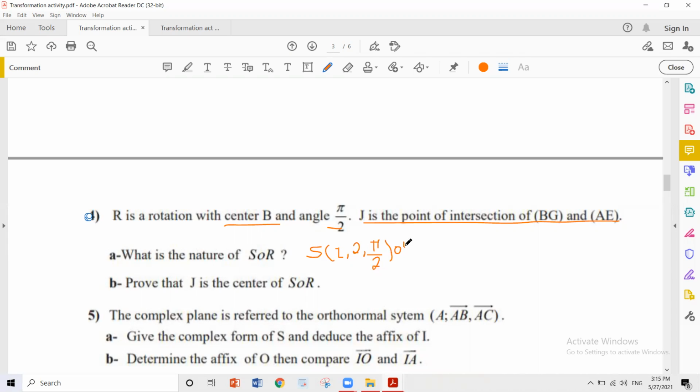The rotation has center J, ratio 1, angle pi over 2. What is the composite of the two? We get a similitude of ratio 2 and angle pi, so we have a negative dilation with ratio -2.